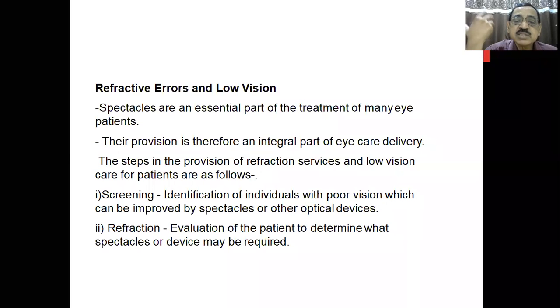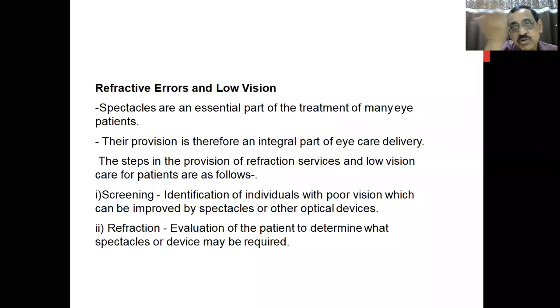So the spectacles, as I said, are an essential part of treatment of many eye patients with refractive errors. Their provision is therefore an integral part of eye care delivery. The steps in the provision of refraction service and low vision care begin with screening: identification of individuals with poor or defective vision which can be improved by spectacles or other optical devices. Any individual above 40, presbyopic correction is a must.